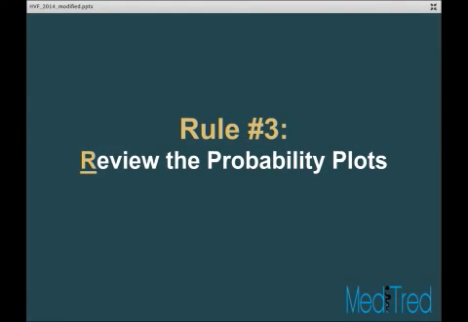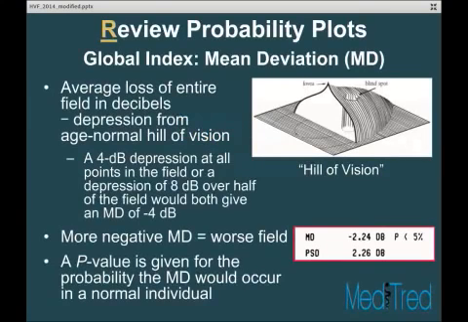The probability plots in the bottom of the printout then need to be reviewed. The more negative the mean deviation is, the worse that the field is. A p-value is given to show the probability that this particular mean deviation would occur in a normal population.